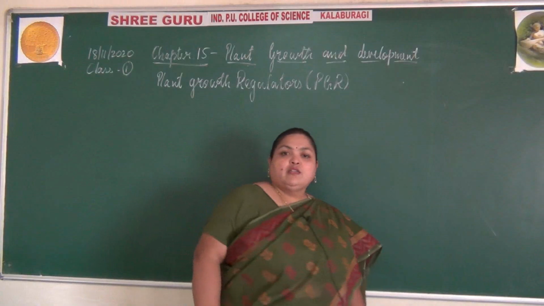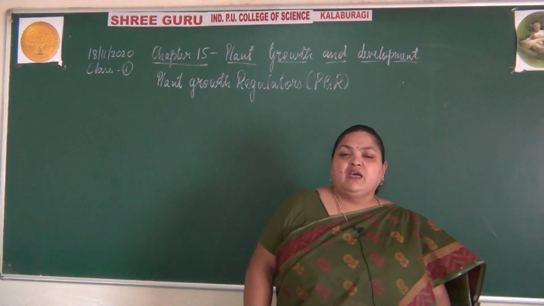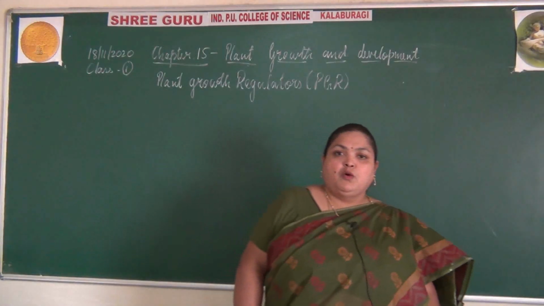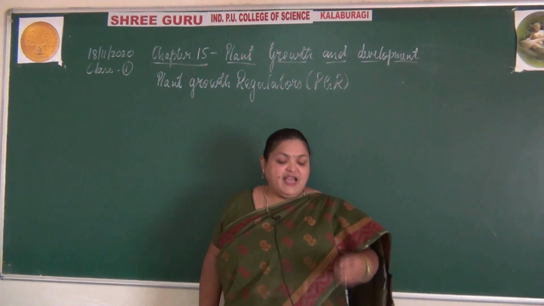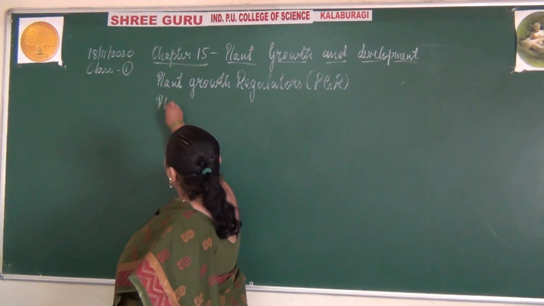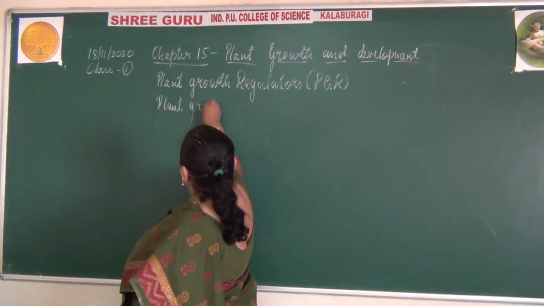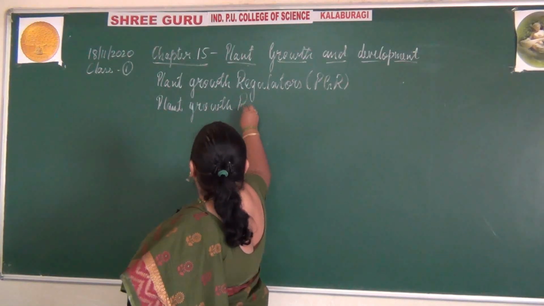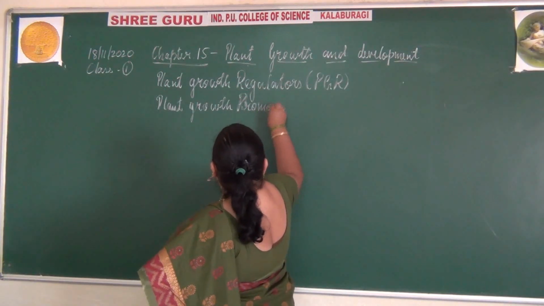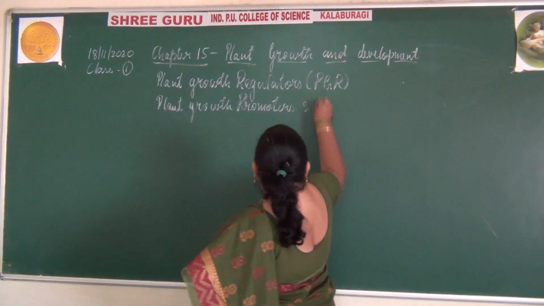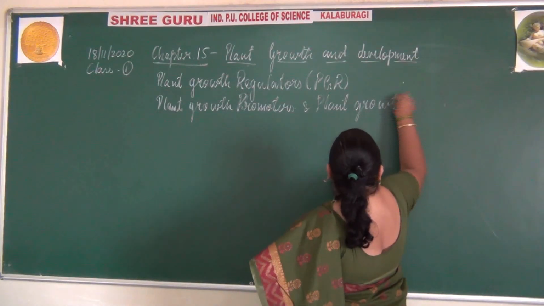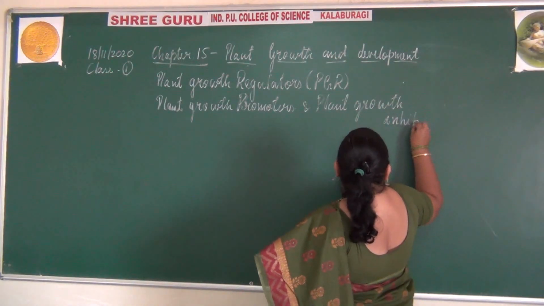The growth in plants is also specified by the presence of the hormones. So these hormones, based on their functions or activities, are classified into two forms: plant growth promoters and plant growth inhibitors.